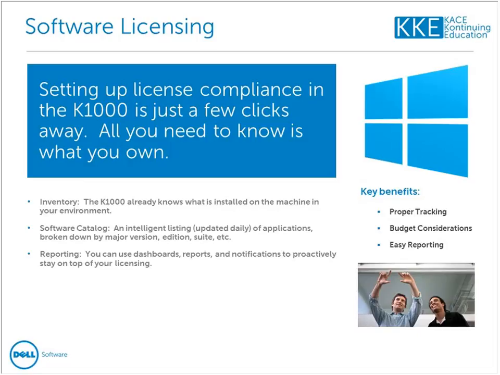The nice thing about the software catalog too, just so you understand where the information in it is coming from, is that it's populated by the Dell application catalog. So based on the software that the agent detects on your machines, you can easily see different details and aspects about the software based on the information in the software catalog.